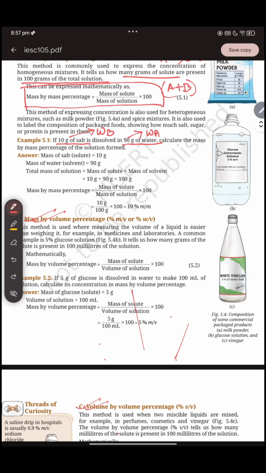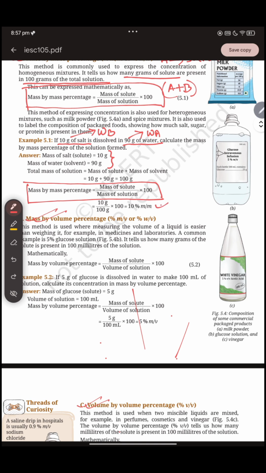Calculate the mass by mass percentage of the solution formed. We will use the same formula. Mass by mass percentage is equal to mass of the solute by mass of the solution into 100. Mass of the solution means mass of solute plus solvent, so 10 plus 90, which is 100. So here it is 10% by mass.